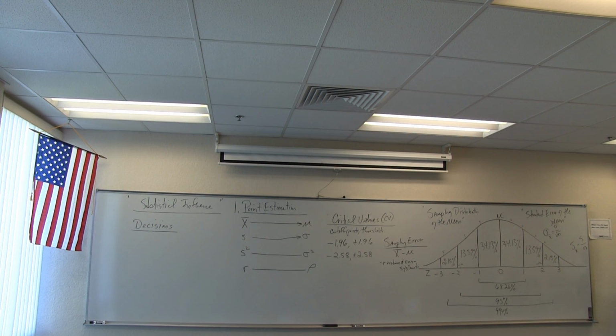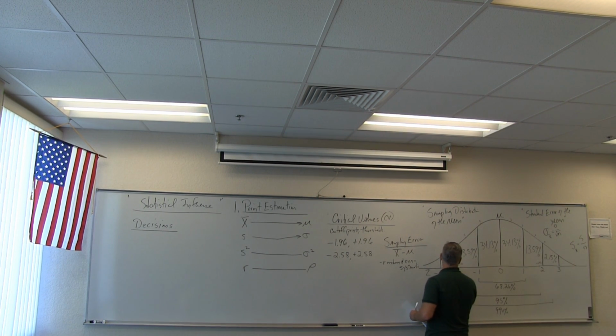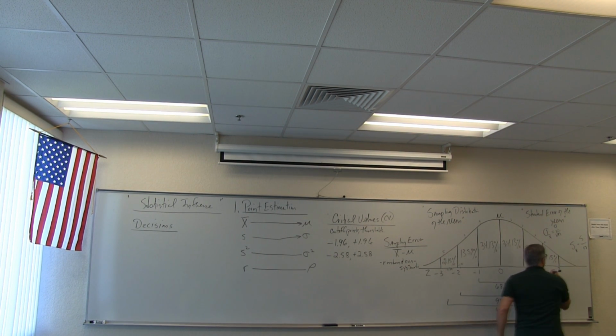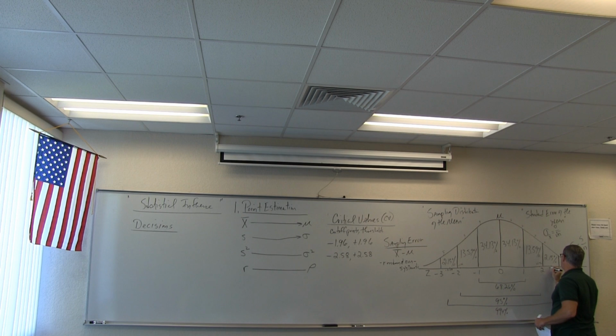These areas are going to be extremely important. We need to know these. Another important set of critical values, the 2.58s. Negative 2.58, positive 2.58.